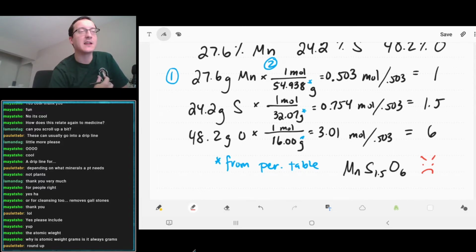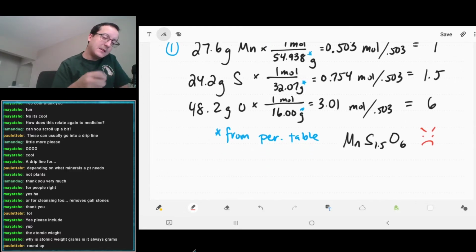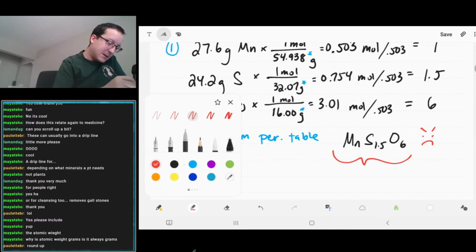That's what sig figs tell us to do. But this is the ratios here. We know for every 1 atom of manganese, we have 1.5 sulfurs. This is not going to be useful to us right now, but what we can do is make these into integers.